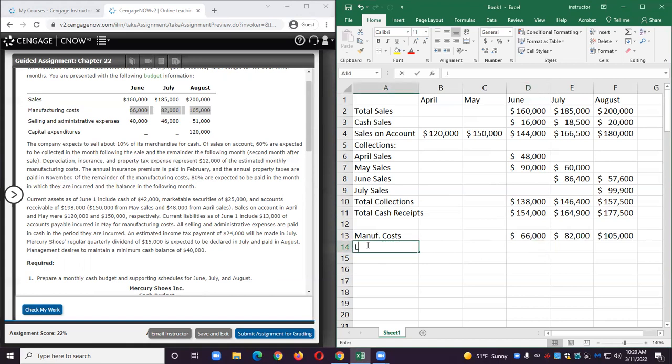So I'm going to say less non-cash costs. Which will give us our cash manufacturing costs.